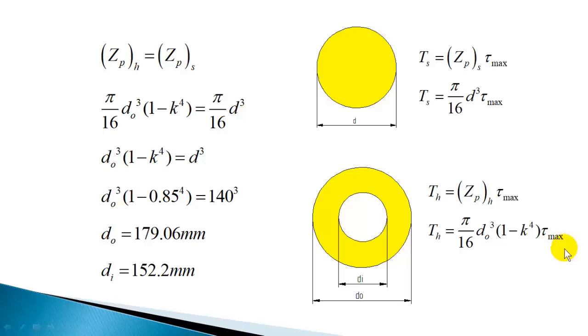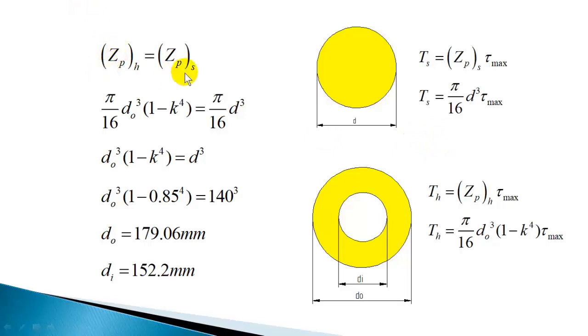Since the replacement is done with the same material, tau max remaining same, to have the same torque transmitted by both the shafts, you should have the same polar modulus. So polar modulus of solid shaft should be equal to polar modulus of a hollow shaft.